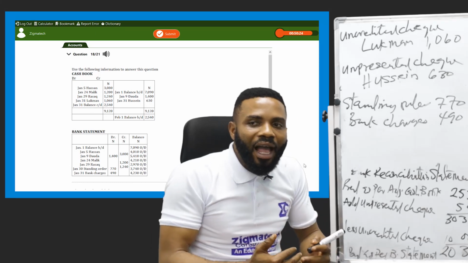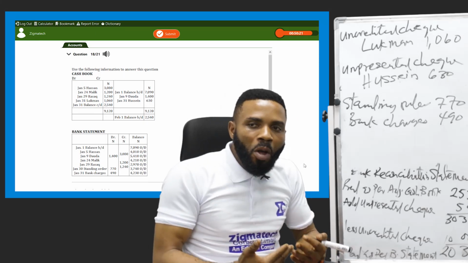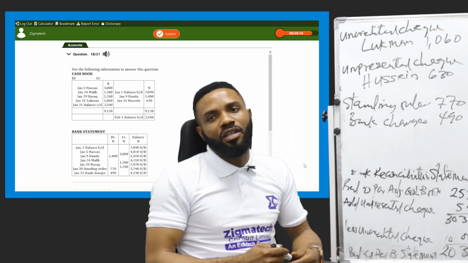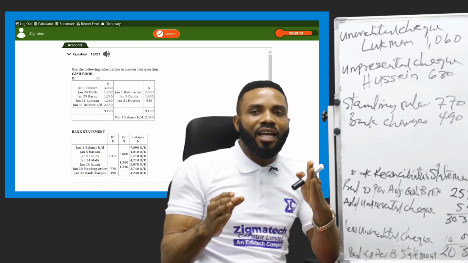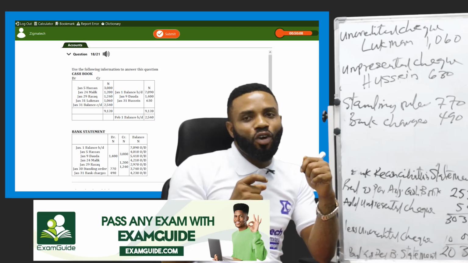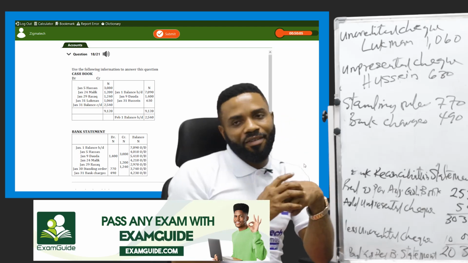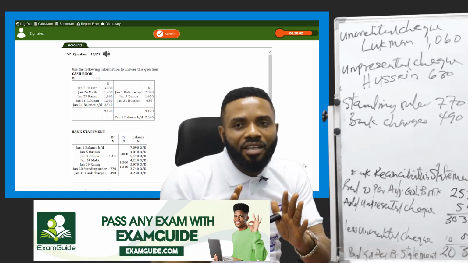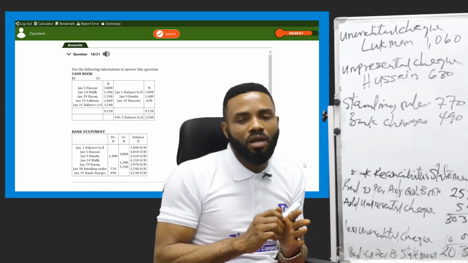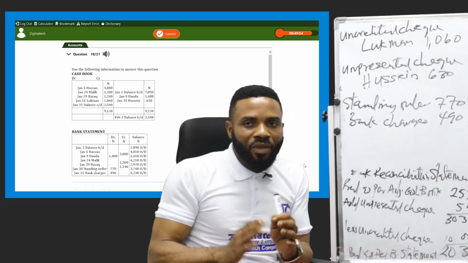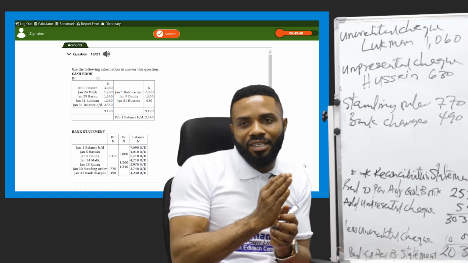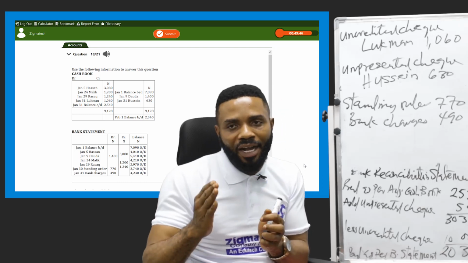When the bank allows a customer to withdraw beyond the money they have in their account, it is called bank overdraft. So anytime you see OD at the end of a figure on a bank statement, it represents overdraft. Although overdraft is a subtopic on its own under bank reconciliation statement, for the sake of this lesson, whenever you see an OD at the end of the figure, know that it's a bank overdraft.